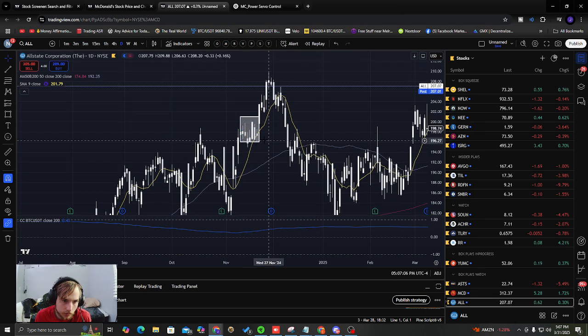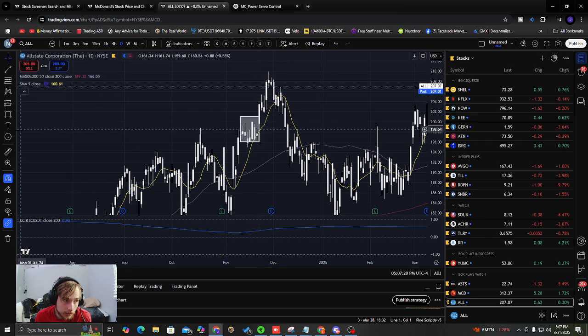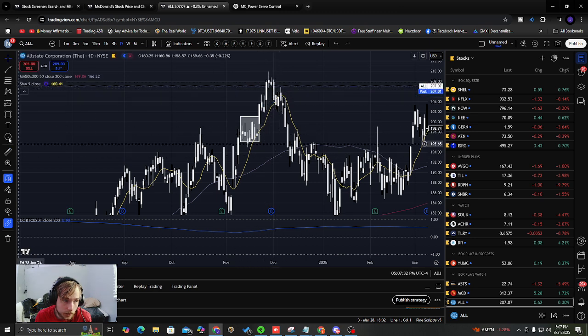Try to formulate it with the magnets. You can see that price ends up breaking out here, and it's more of a short-term play, 10 days at most, which would take us, I don't know, somewhere around up there.